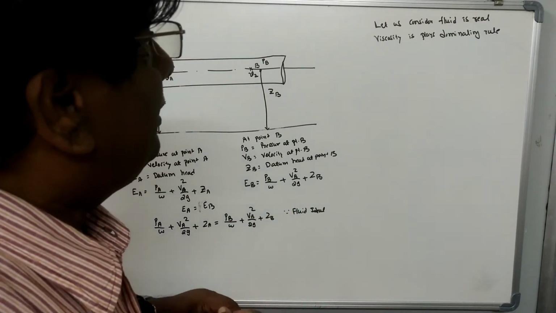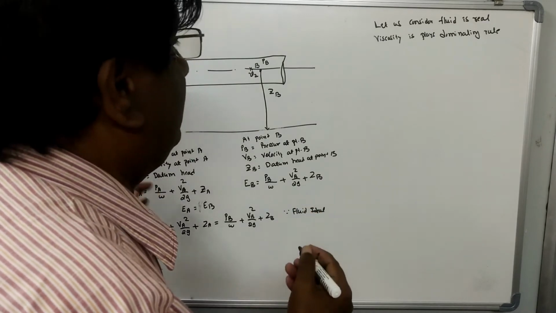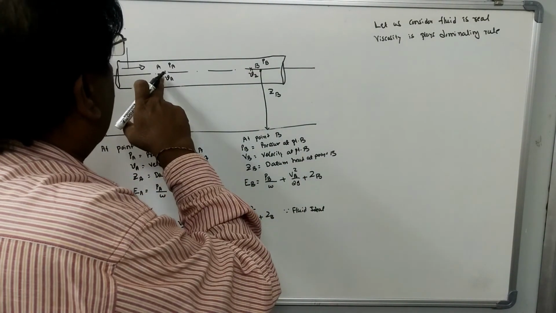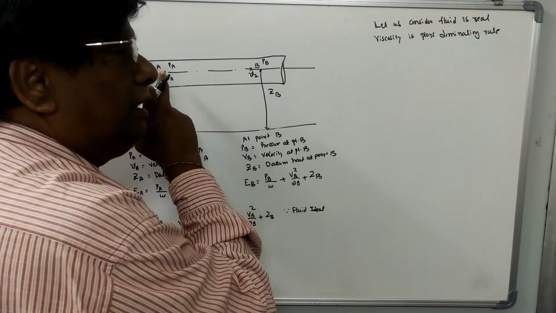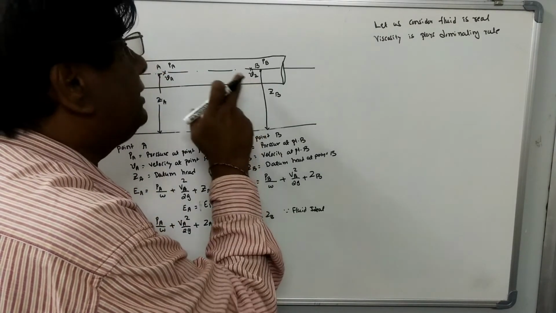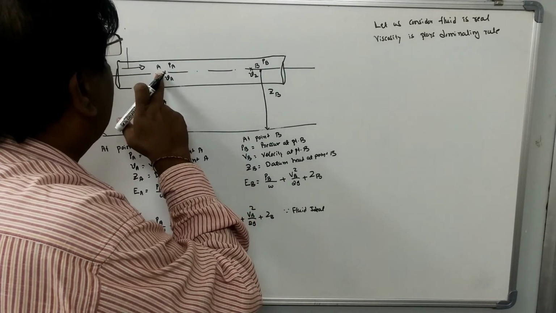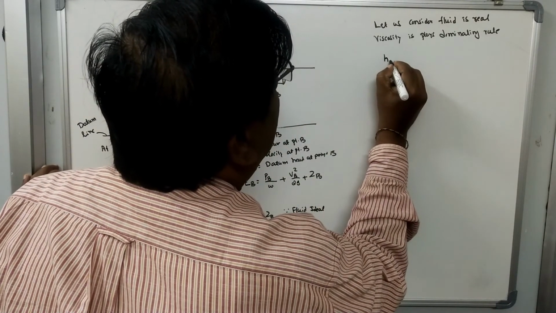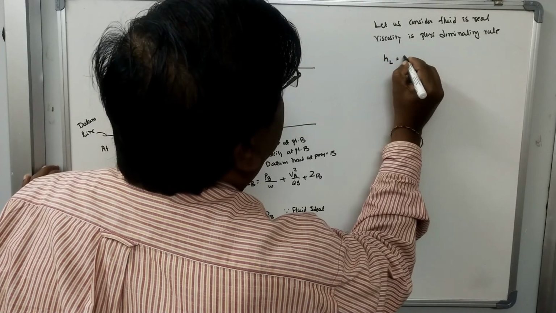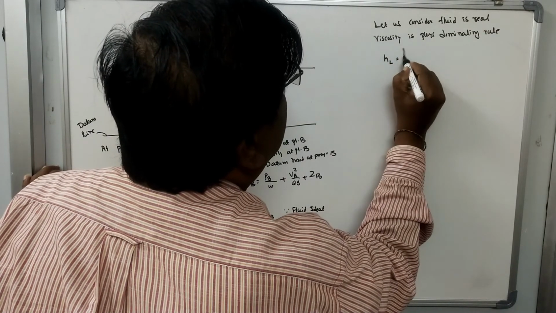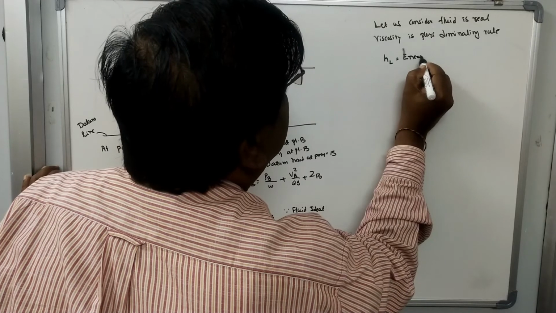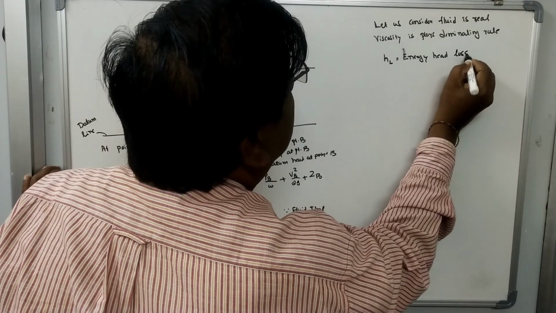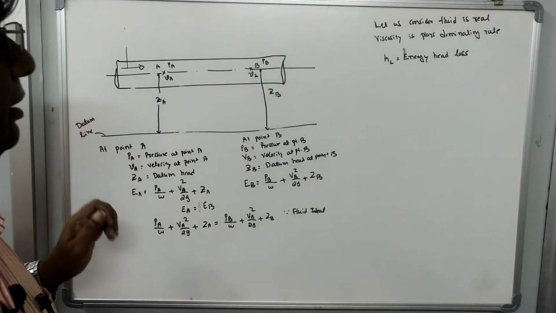So if the fluid is real, then there is an energy head loss when fluid flows from point A to B. Let that energy head loss be HL.